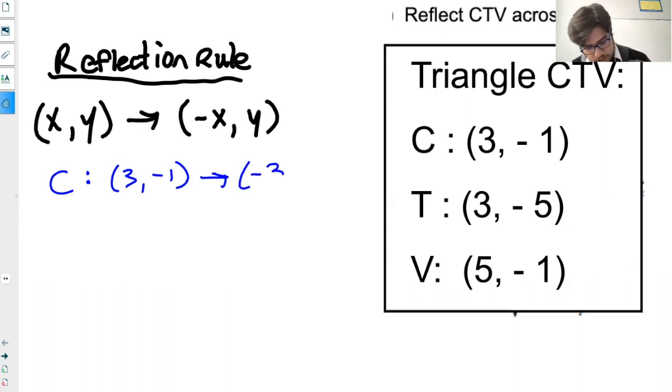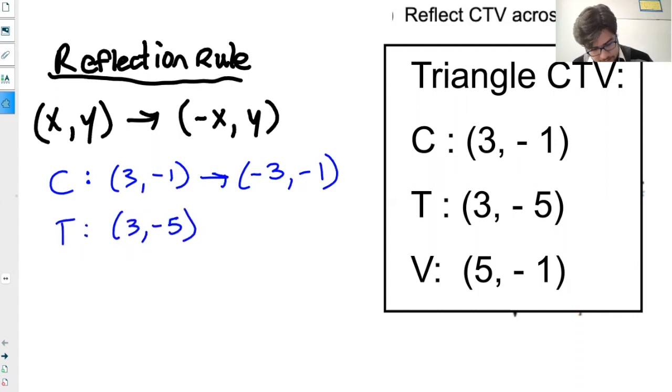So now I'm going to change that to -3 and leave -1 the same. Same exact step for point T. Point T was (3, -5). If I reflect across the y-axis, all I'm doing is changing the sign of the x value, and that should be (-3, -5). We keep that -5 the same.